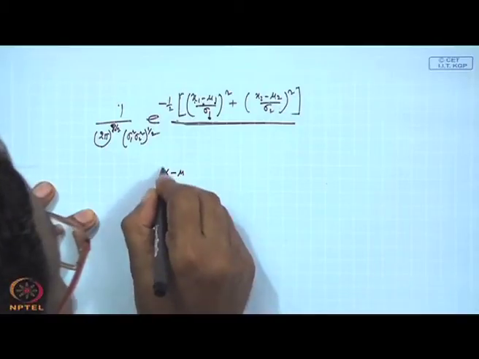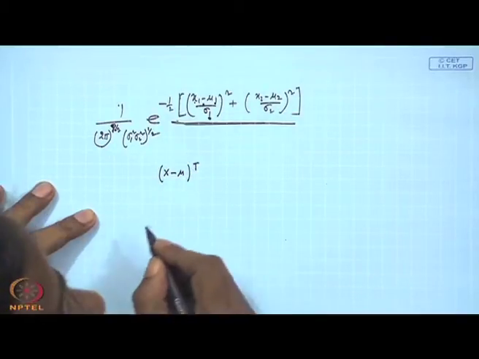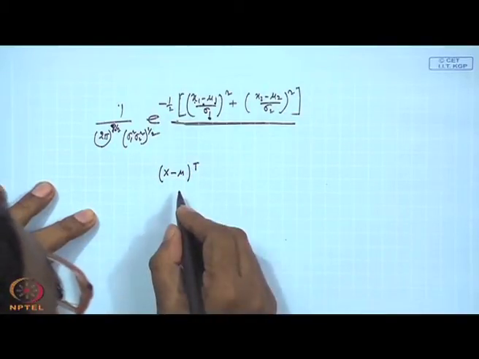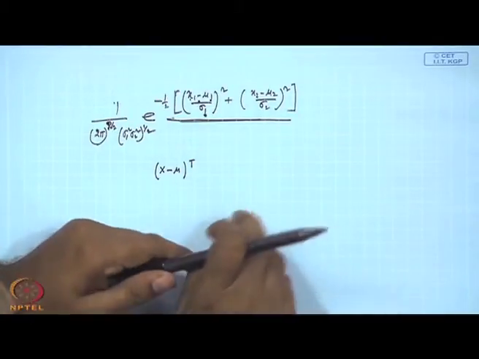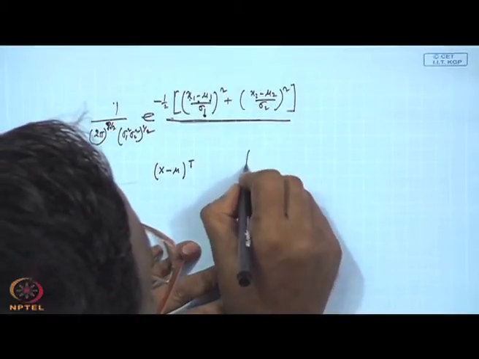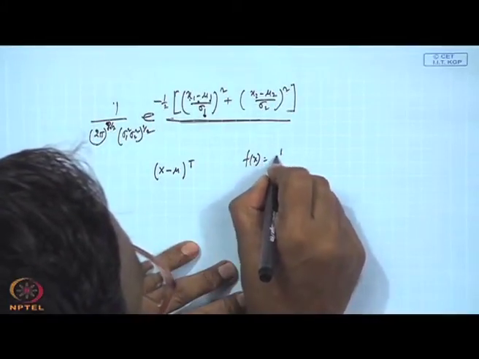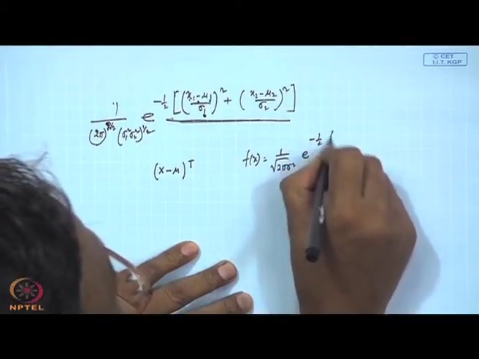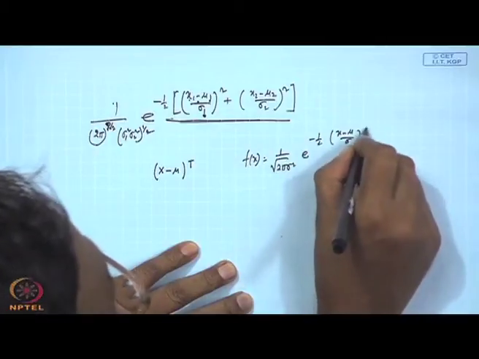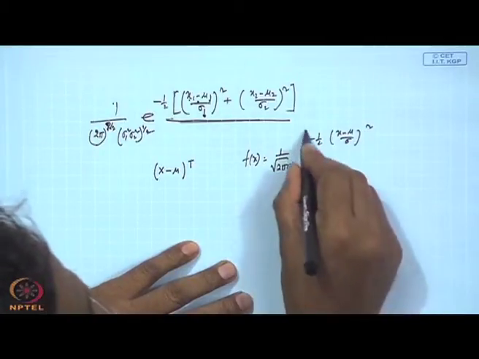Suppose x minus mu transpose. No, I'll explain from the univariate case, that will be better. So the univariate case: f of x is 1 by root over 2 pi sigma square, e to the power minus of x minus mu by, this is the case you have seen. Now take the exponent.